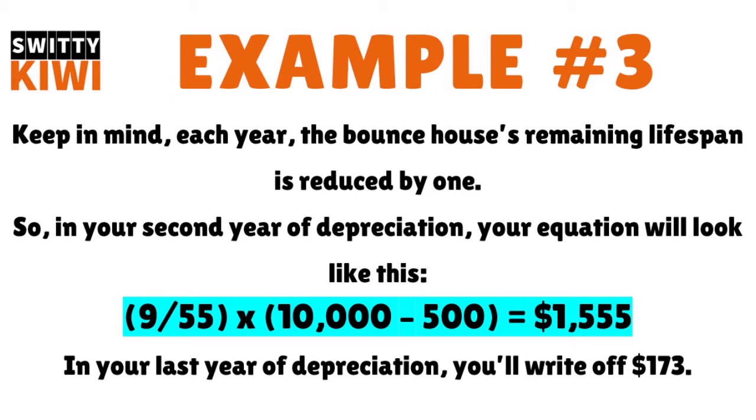Keep in mind though, each year the bounce house's remaining lifespan is reduced by 1. So in your second year of depreciation, your equation will look like this: 10,000 minus 500, multiplied by 9 divided by 55. So you will depreciate $1,555. Okay, so in your last year of depreciation, you will write off $173.